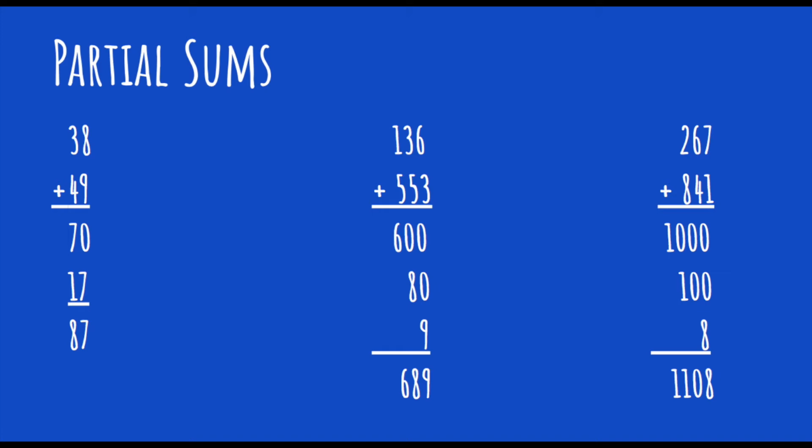Okay, partial sums. Let's take a look at these partial sums, what they've done. It reminds me of the split strategy. It's just vertical. Which might be a nice way of easing the kids into the algorithm.